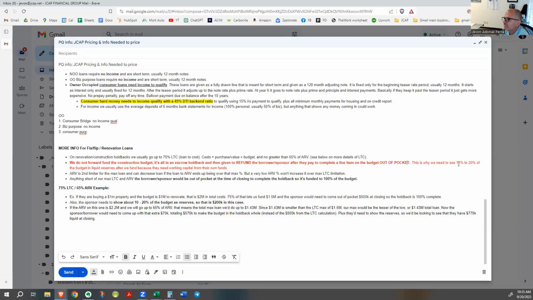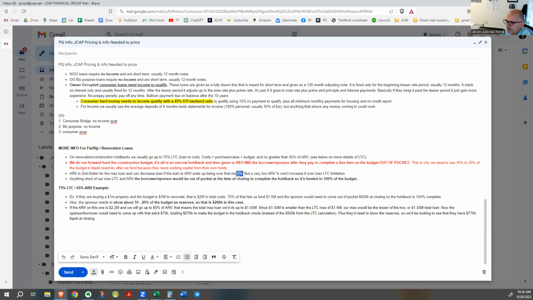This is why we need to see 10 to 20% of the budget in liquid reserves after we fund, because they need working capital from their own funds to finish a line item to be refunded. And then also budgets hardly ever go as planned, and so we want them to have extra money. ARV, or after repair value, is the secondary limiter for the max loan and can decrease the loan if the ARV ends up being over that max percentage, as we talked about before.